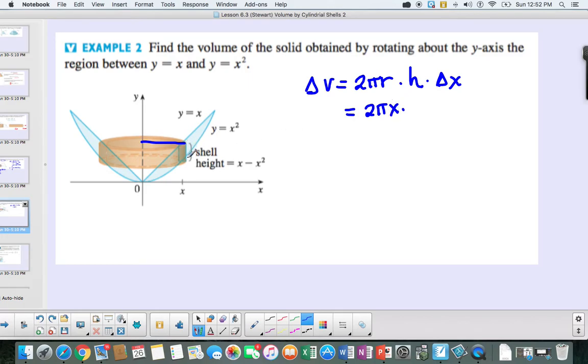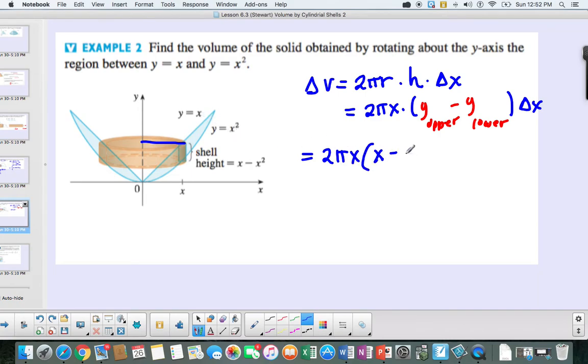Now our thickness is not so easy. Our height is going to be the y of the upper curve minus the y of the lower curve, and then delta x. Since we have delta x, we know that's our variable of integration, and so y of the upper, I'm going to replace, that's the line.